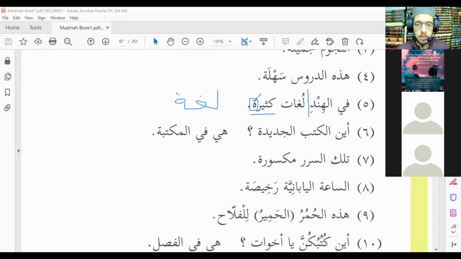That's just that one ta marbuta. Lughatun kathiratun. So this is a singular feminine looking adjective next to a plural feminine noun. And that doesn't violate any rules in Arabic grammar. That agrees because this is not human.